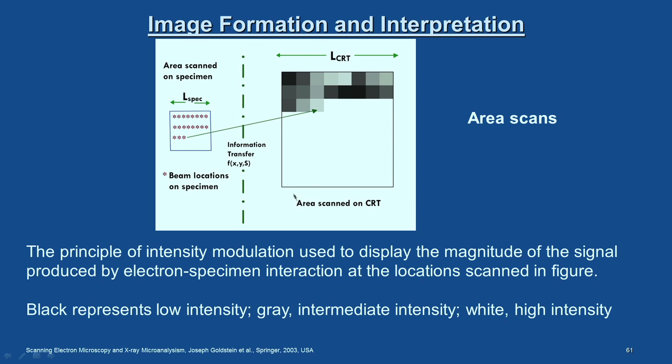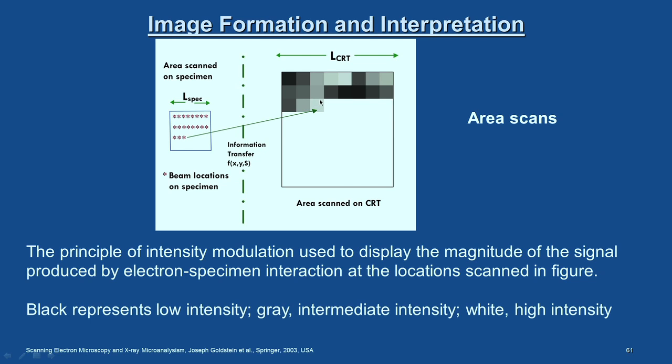Most of the time when the SEM is operated, to adjust the brightness of the signal from the specimen, this operation called intensity modulation is performed.